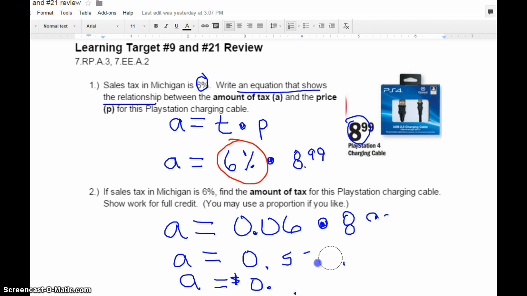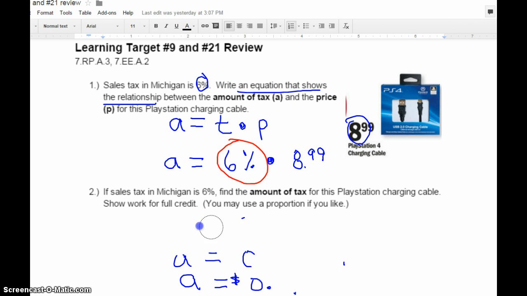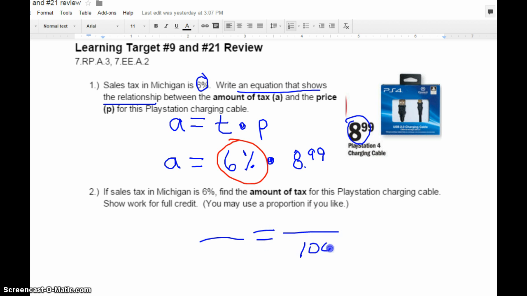Or you can use a proportion, because we can always use proportions on percentage problems. I want to find 6% of $8.99, since this is the amount of tax. I'm looking for 6% of $8.99. I would solve this like I always solve proportions.